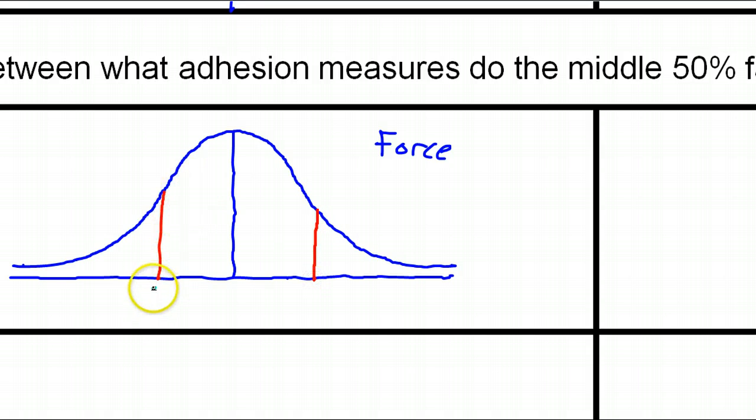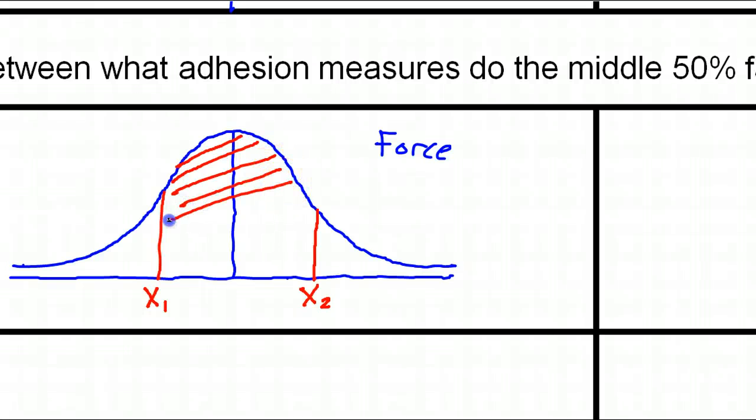We don't know what these values are, so I'm going to call this x1 and x2 because those are the values between what measures. These are the measures we're looking for. Whatever they are, let's go ahead and shade this in because this represents the middle 50%.